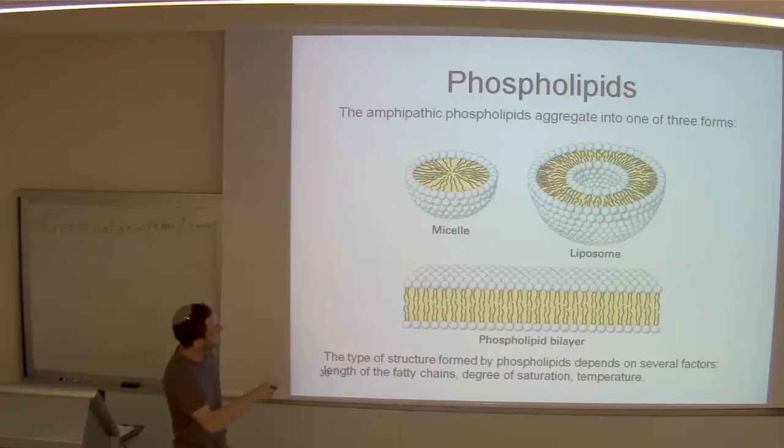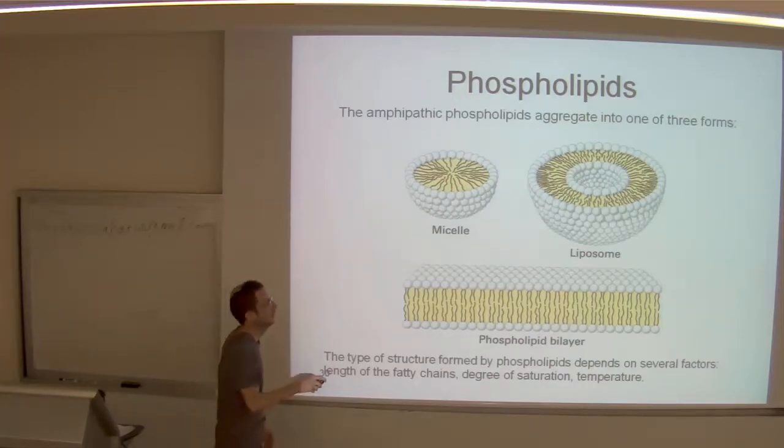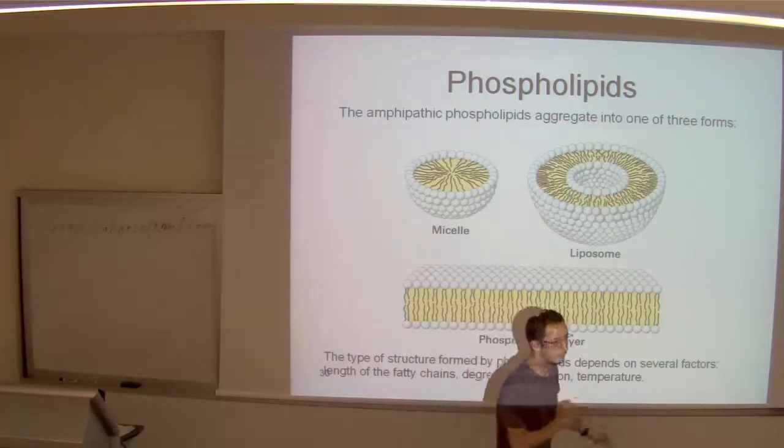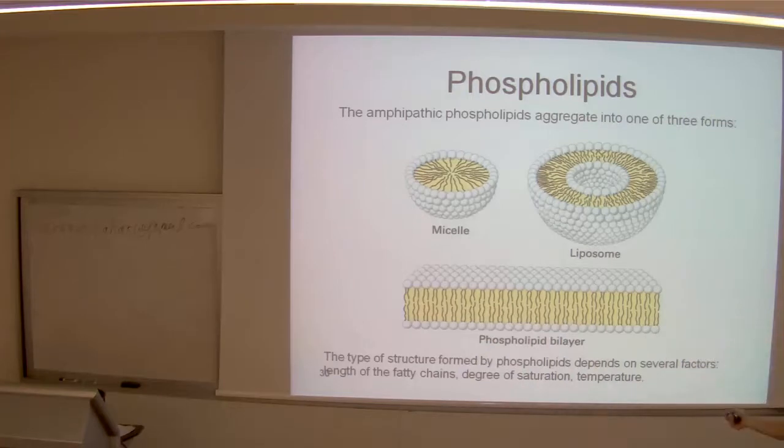You can have micelles, in which the phospholipids' tails are facing towards the center. You can have a liposome, where you have heads towards the outside and heads towards the inside, an inner sphere. And you can have a planar bilayer. And in the cell we find all such structures.